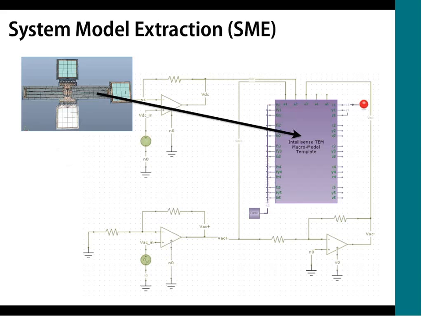Basically, from that finite element model, we can extract a reduced order model, which can be used in a system level simulator, say maybe like SPICE or Simulink or Cadence or other different types of system level circuit simulators. And so we can export that MEMS model, so then the MEMS model can be put as sort of this black box element into the system level circuit, and the circuitry can be wired up around it.